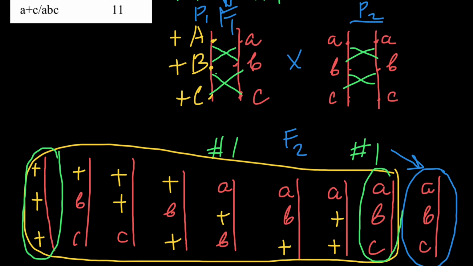We will find them with much higher frequency than these variants. Some of them would be a result of the crossing over between gene A and B, like in this case and in this case. Others between gene B and C, like here and here. And some of them would be a result of the crossing over between both A and B and B and C.